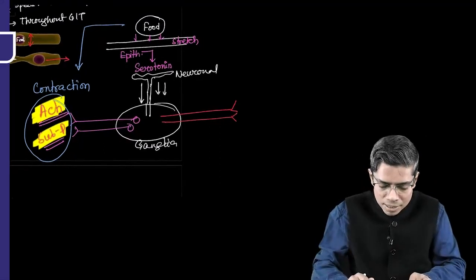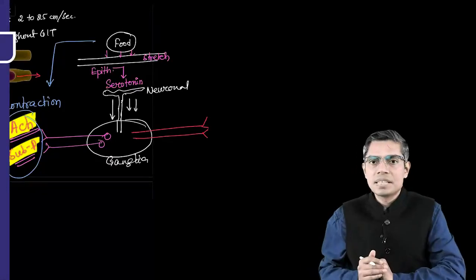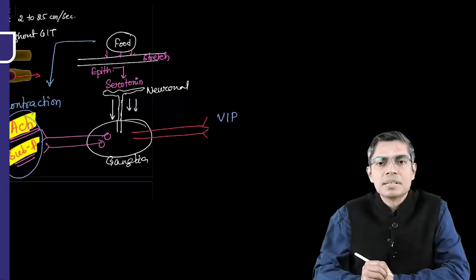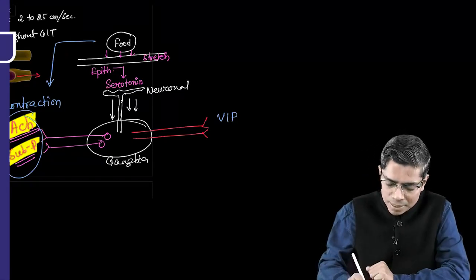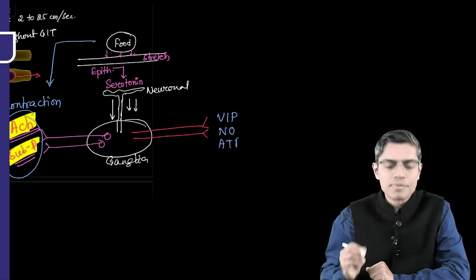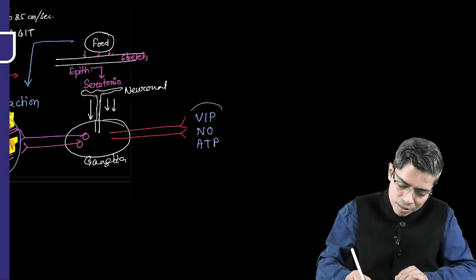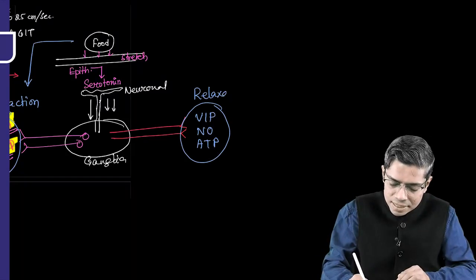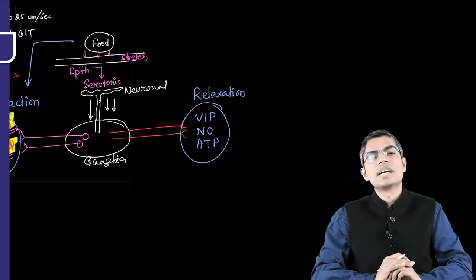But if you look at the neurons which are projecting towards the distal part of the GIT, they are going to secrete other neurotransmitters, for example, vasoactive intestinal polypeptide, VIP, nitric oxide and adenosine triphosphate. In the presence of these neurotransmitters, we all know that there will be relaxation of the smooth muscles of the GIT.